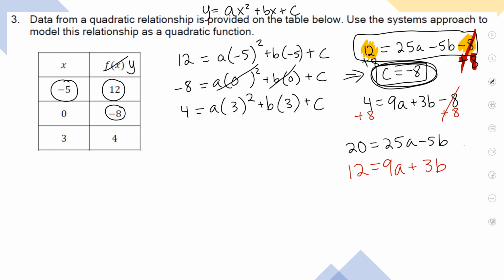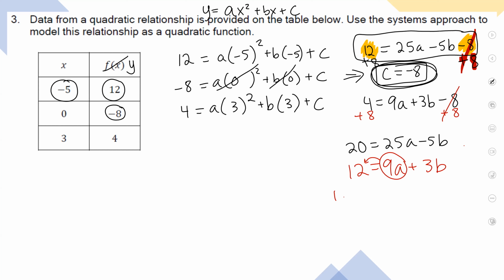Okay. And I think substitution would be easiest here. We could also do elimination. Which one do you guys want to do? Substitution? Okay. All right, do you want to solve for A or B? Which one would be easiest? B, good choice. Okay, so I'm going to move this 9A to this side.